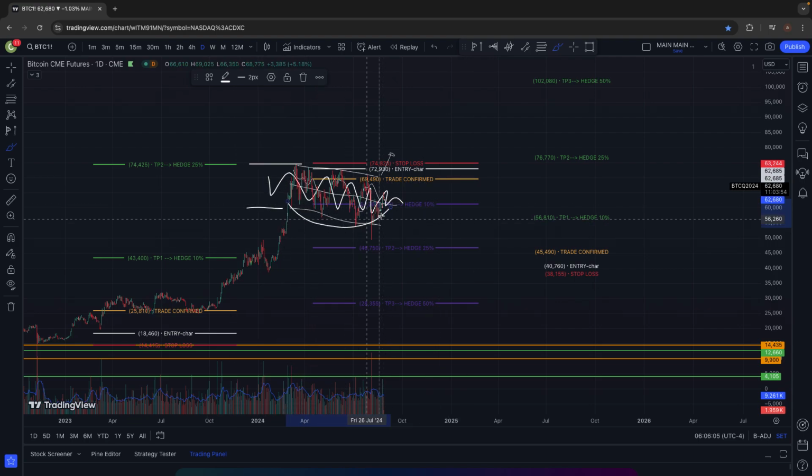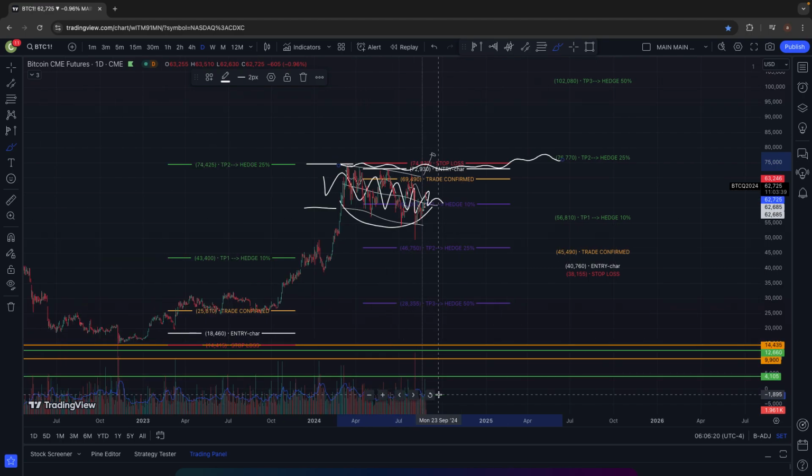Now, if this bottom holds as support, what we're going to do is look for resistance. Resistance is all the way over here, between 74 and 75K, where I'm hedging a short at 73. So this is something to consider: is 62,000 too expensive for you?